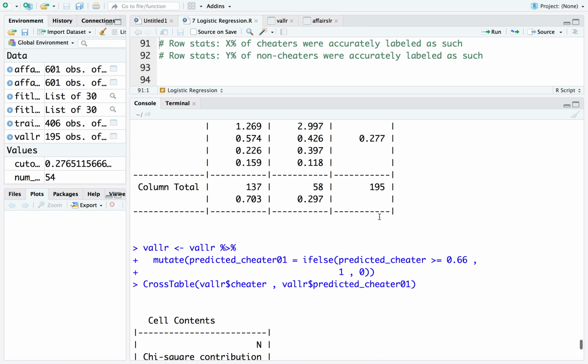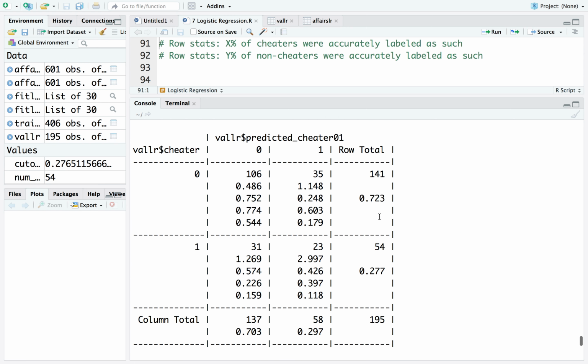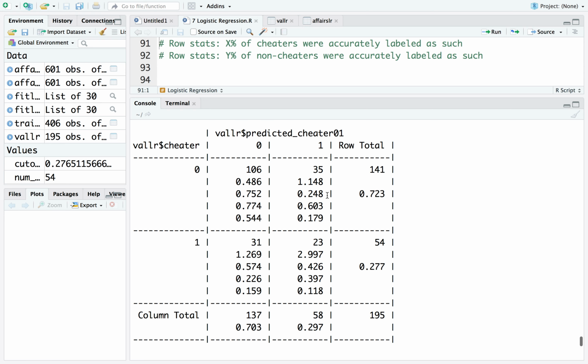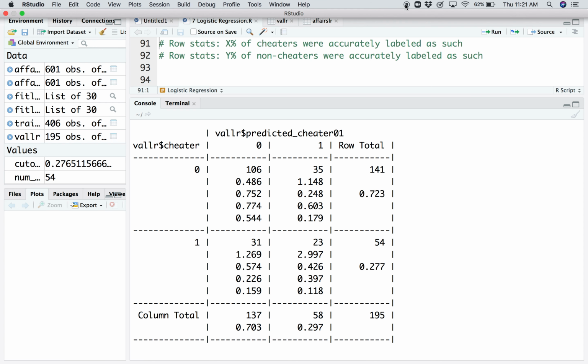I personally, for this assignment, would just choose one cutoff and that's fine. Then we'll be creating other models using the same data, but different algorithms. And we will be able to compare through this confusion matrix, that's what this is called, which model is actually performing better for what we intend to do. And that's it for logistic regression.